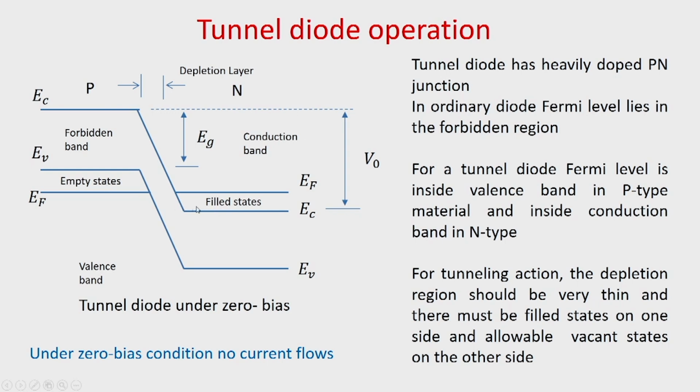Whenever a bias is applied, the electrons from these filled states will tunnel to fill the empty states in the p type material. So, let us try to illustrate this situation.